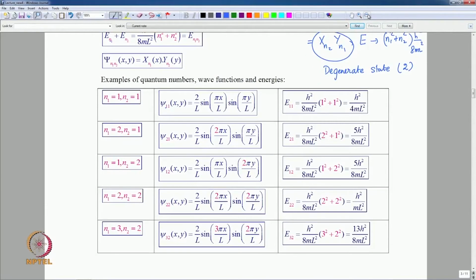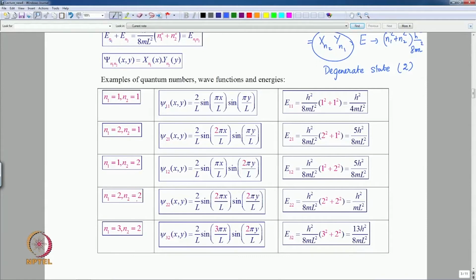You see that n1 is 2, n2 equal to 1 corresponds to the wave function psi 2 1 with sin 2 pi x by L sin pi y by L, and n1 1, n2 2 gives you the other function, namely sin pi x by L sin 2 pi y by L, and the energies are the same.